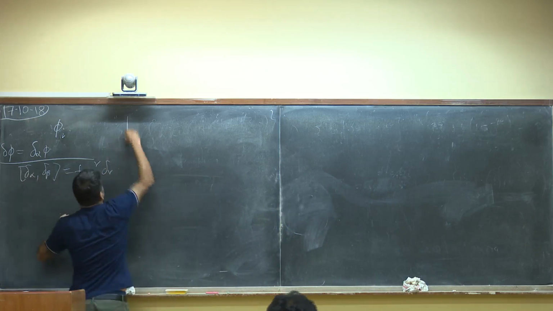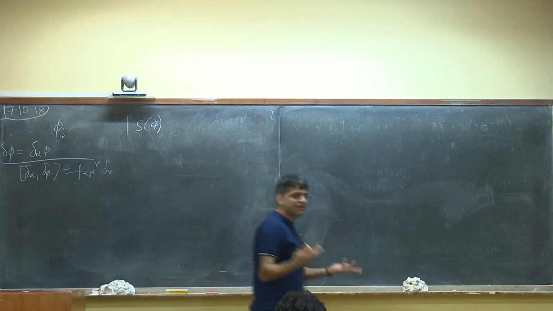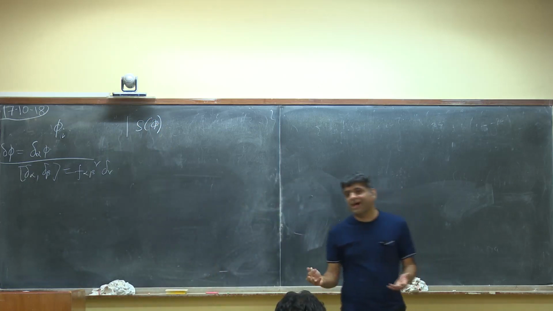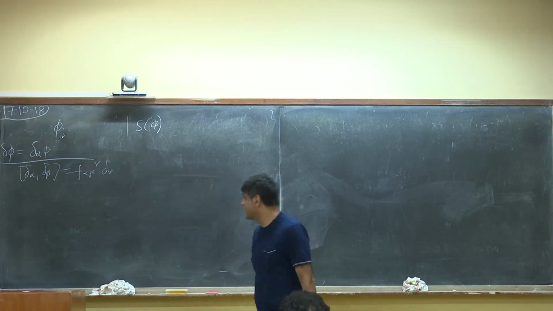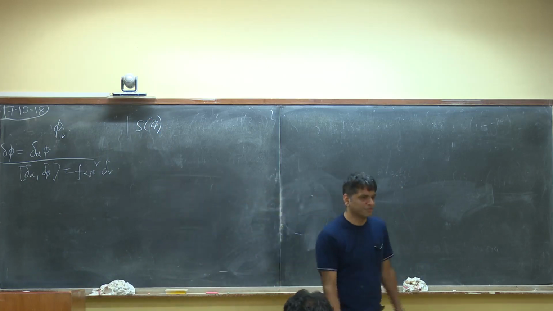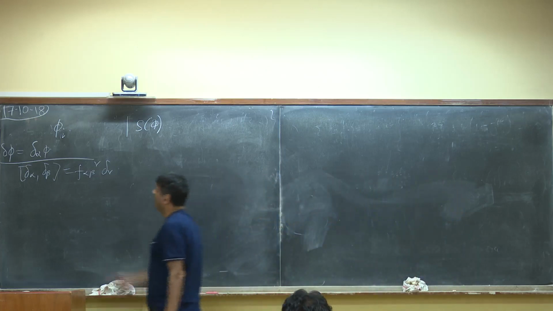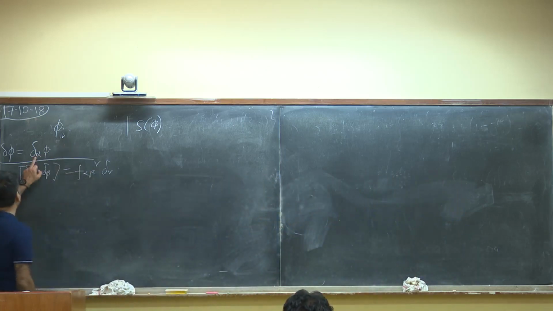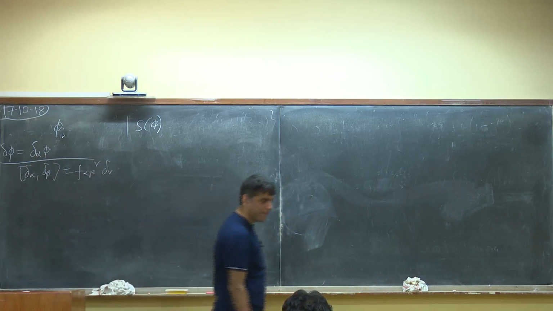Now, what we want to do is this. We've got some action which is a function of the phis, and this action has the property that it is gauge invariant under gauge transformations of the phis. So make an infinitesimal transformation of the phis by this delta alpha phi, and that action remains unchanged.